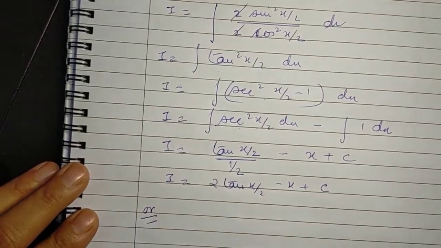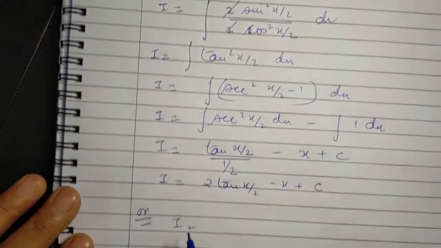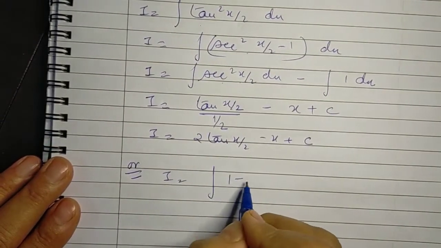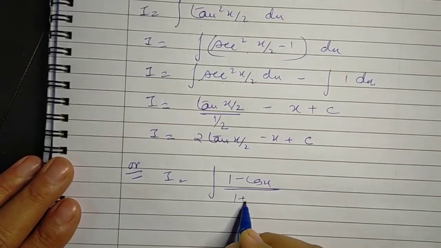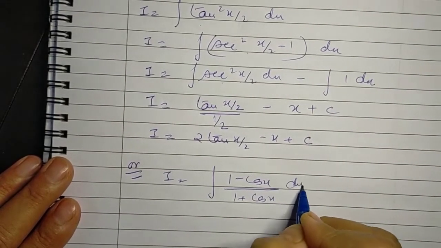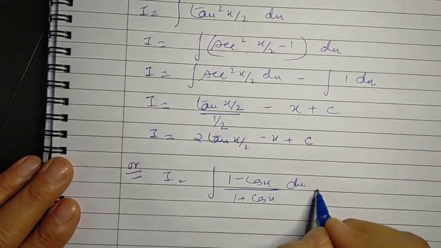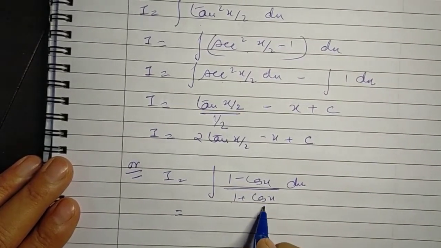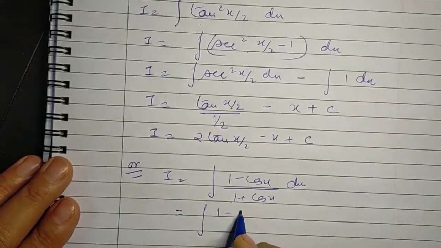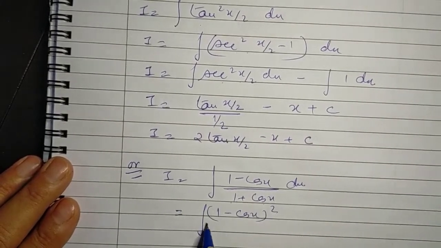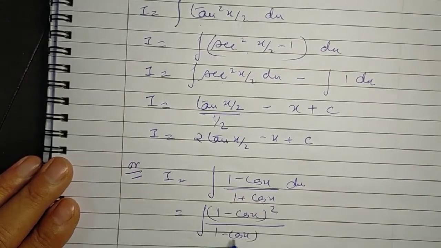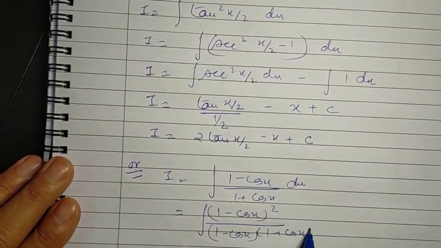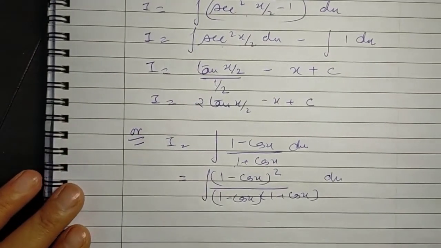Or we could have done this differently. I could be written as the integral of 1 minus cos x over 1 plus cos x into dx. In such a case, we multiply and divide by 1 minus cos x. So what do I get? 1 minus cos x whole square upon 1 minus cos x into 1 plus cos x. This is also another way of doing this question.